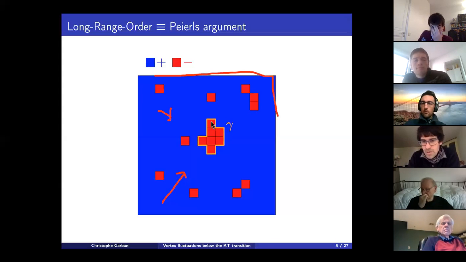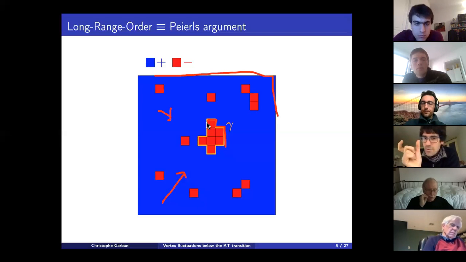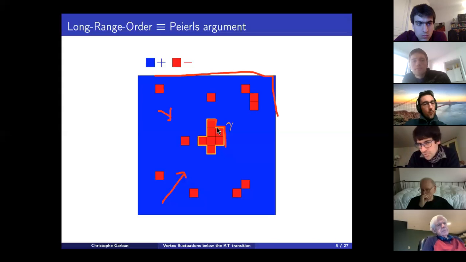And the point of Peierls' argument is to say that each fixed such interface gamma costs a lot in terms of energy, because all those edges will have a plus on one side, a minus on the other side. And if temperature is very low, it means beta is very big, and it will cost exponential minus beta. And so in total, the cost of one interface will be something like exponential minus beta times the length of gamma.